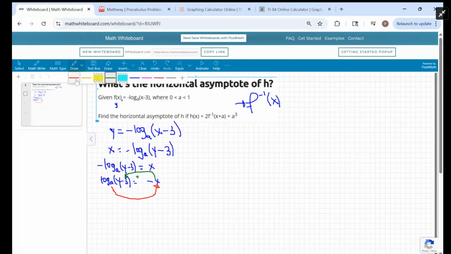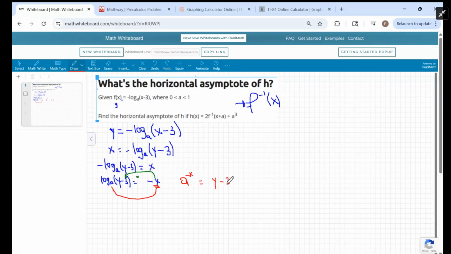Again, you start from the base, a to the power of negative x, and that equals y minus 3. And that works every time you want to convert log to exponential. You just want to make sure there's no negative sign in front of the log. And if you write the log first, that hopefully helps you visualize the arrows, right? They go counterclockwise. So base to whatever is across the equal sign, and then that pair of base to exponent is equal to whatever you're taking the log of.